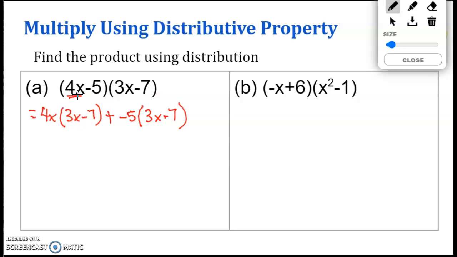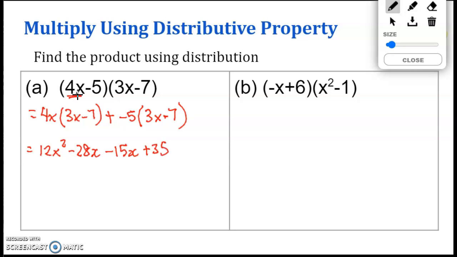And then you're expanding it out. 4x times 3x is 12x squared. 4x times negative 7, 4 times 7 is negative 28x. And then negative 5 times 3x is negative 15x. And negative 5 times negative 7 this time is negative times negative is positive, so it's 35.